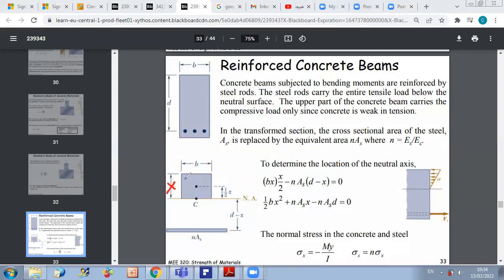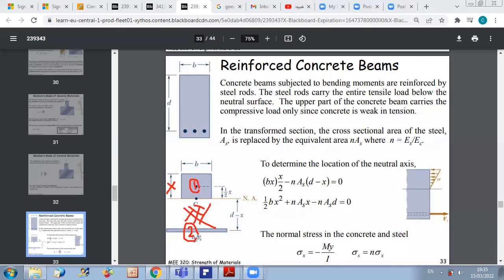I say I have two areas, the area above the neutral axis and the area below the neutral axis. And below the neutral axis, as we discussed, we just consider the modified area of steel, because concrete is not able to sustain any compression. So we put an empty space here. We don't have anything.